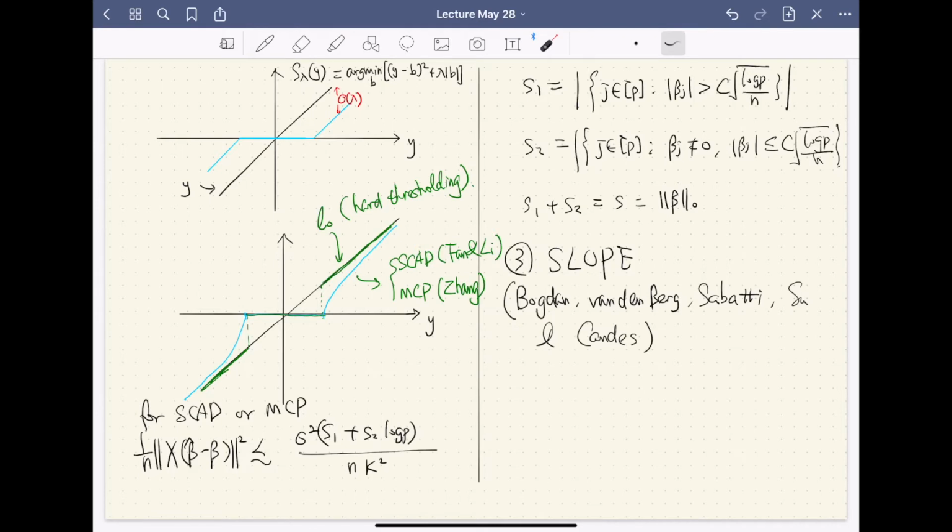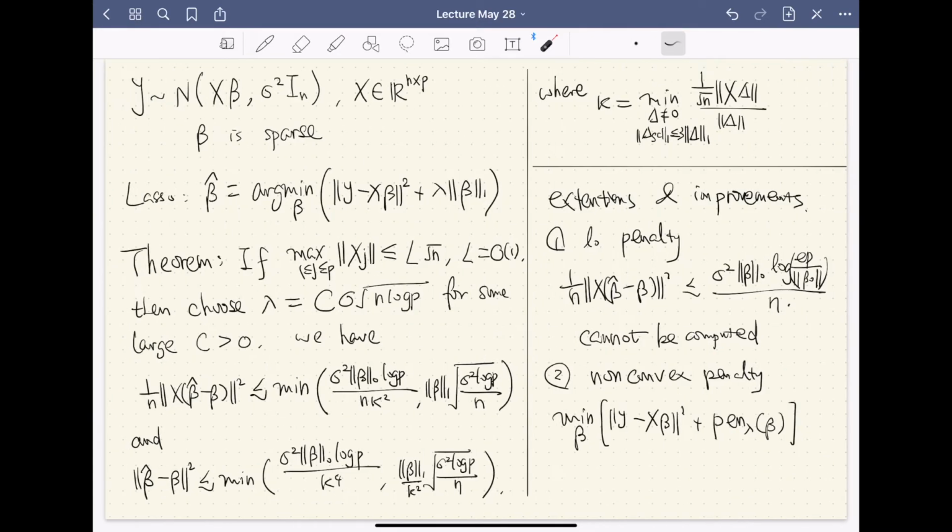Okay, so what's the motivation of SLOPE? This is really a very subtle motivation. If you look at the optimal rate achieved by the L0 penalty, then you see in the rate factor you have log(p/s). This is actually very nice. When the sparsity is just p, then log(p/p) is a constant, and the rate is reduced to the parametric rate.